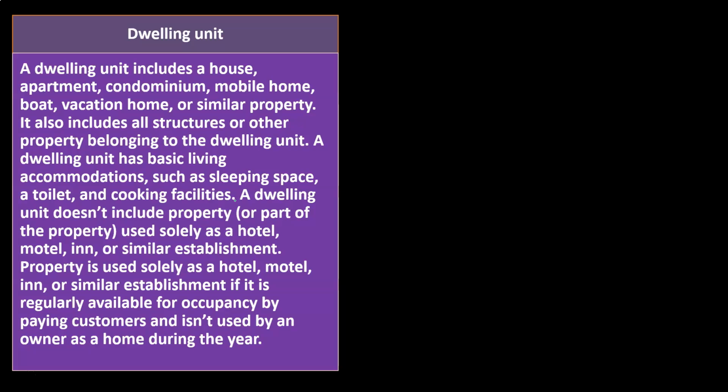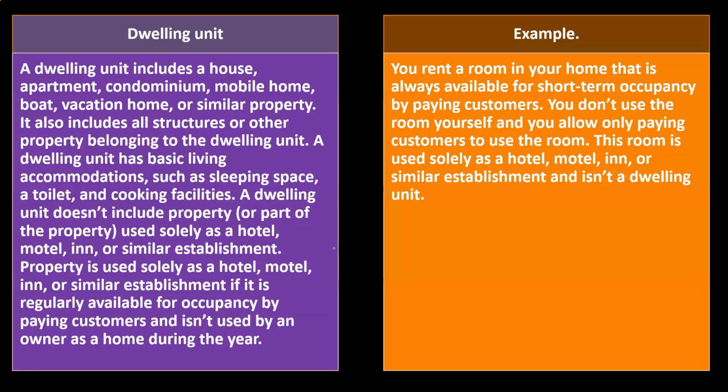So a dwelling unit doesn't include property or part of the property used solely as a hotel, motel, inn, or similar establishment. Property is used solely as a hotel, motel, inn, or similar establishment if it is regularly available or occupied by paying customers and isn't used by an owner as a home during the year.